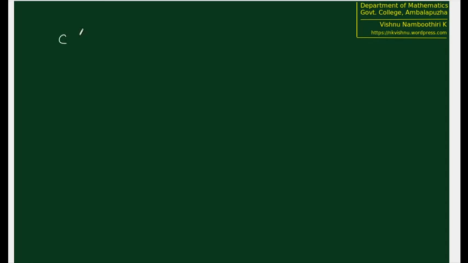Now, c times (am plus bn) is least if am plus bn is least, because c is a fixed number, there is no possibility of varying it. So we have to vary m and n in such a way that am plus bn will be the least positive.